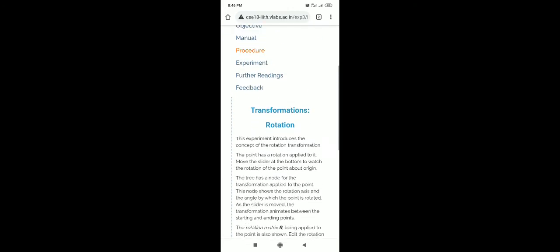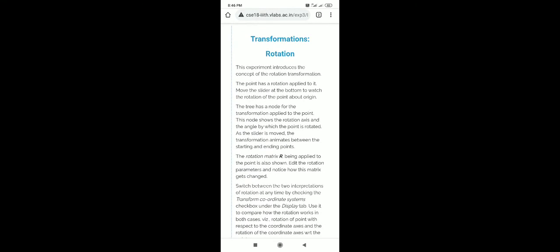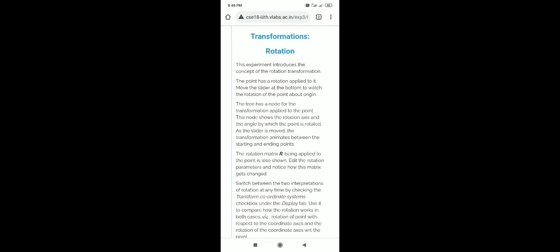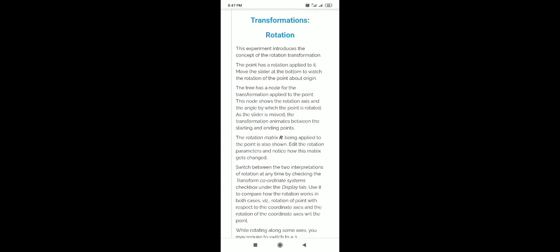Procedure. Transformation rotation. This experiment introduces the concept of the rotation transformation. The point has a rotation applied to it. Move the slider at the bottom to watch the rotation of the point about origin. The tree has a node for the transformation applied to the point.